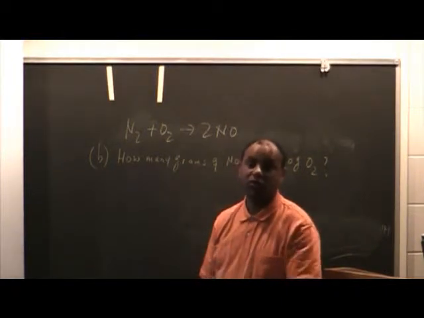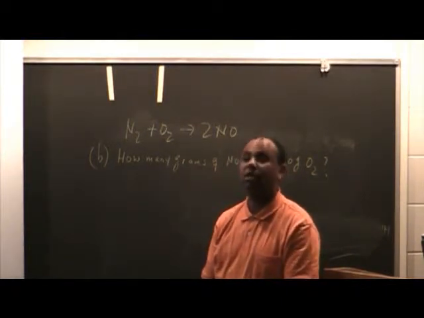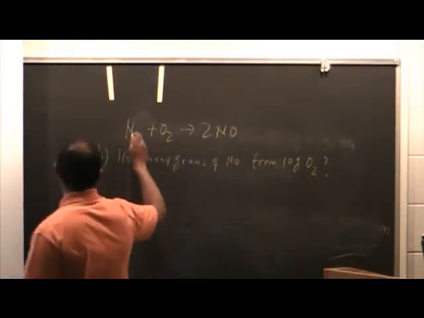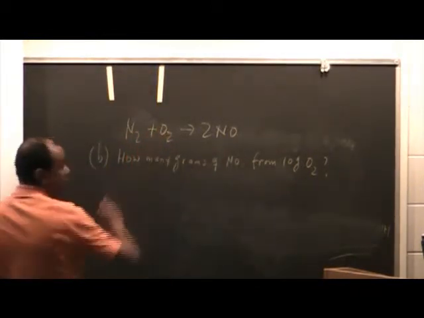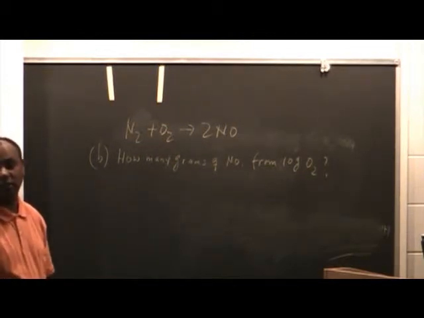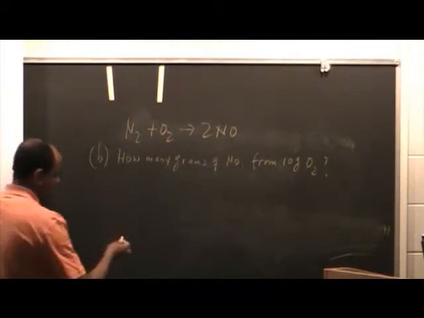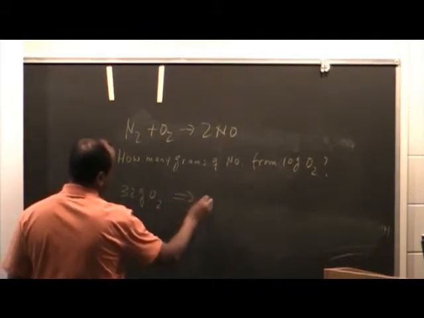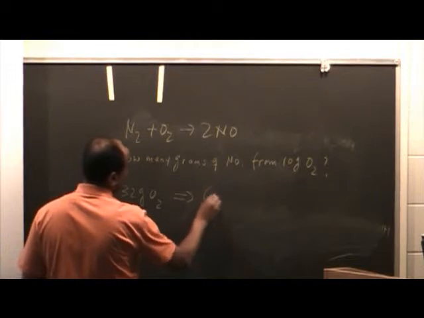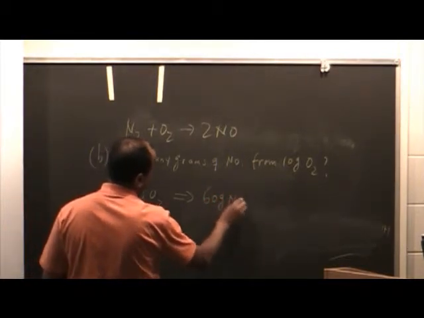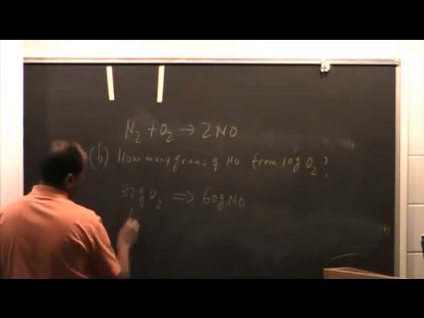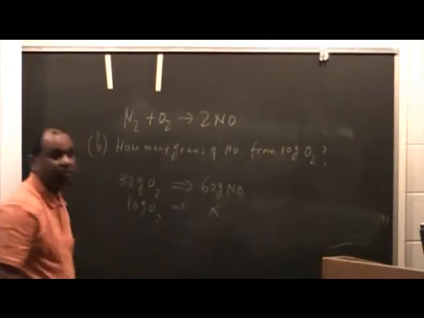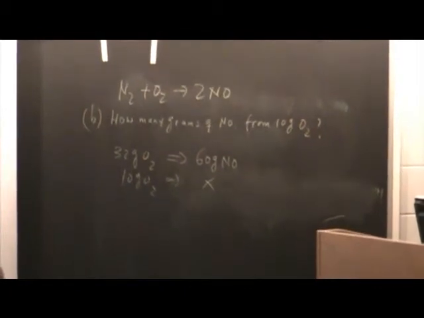So how do we solve this problem? Just like what we did here. O2, what is the molar mass? 32. 32 grams of oxygen provides how many grams of nitrogen monoxide? 60 grams of NO. If you have 10 grams of O2, how many grams of nitrogen monoxide do you get?